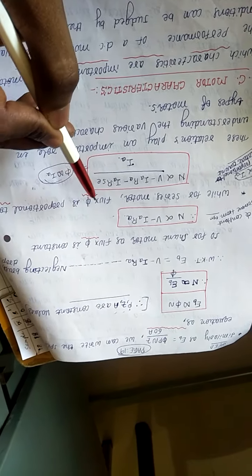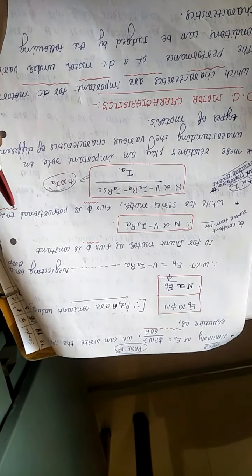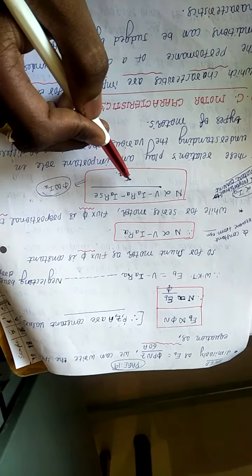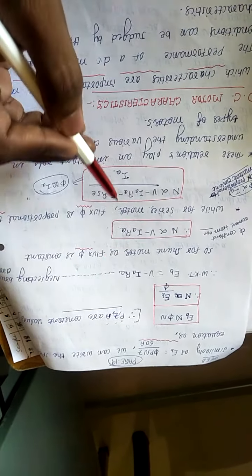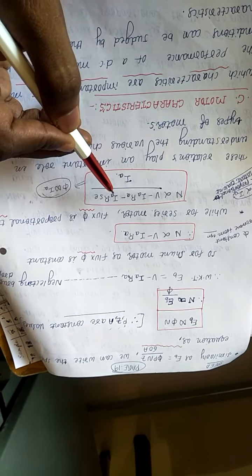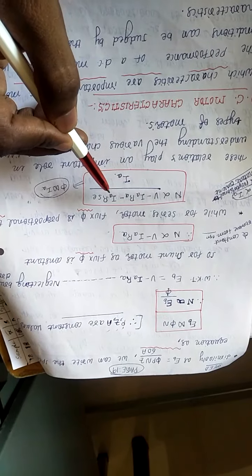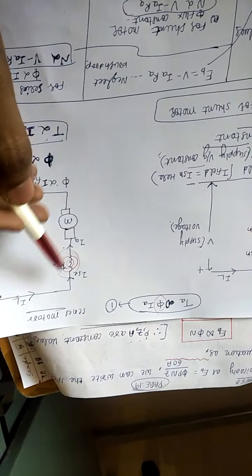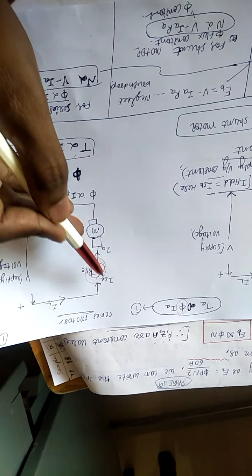For the series motor, flux is proportional to Ia, the armature current. Therefore, in the place of flux, you have to write Ia. Then the rest of the equation you write the same as it is. But here, instead of Isc, I have written Ia, because Isc is equal to Ia in the case of a series motor.